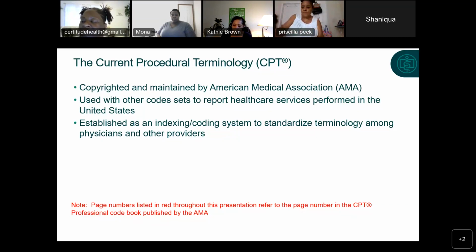They eventually changed their name to the Center for Medicare and Medicaid Services, or CMS. And then CMS adopted CPT coding, which was originally created under HCFA.